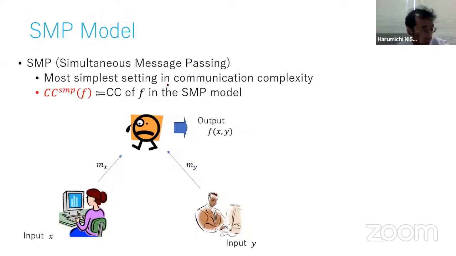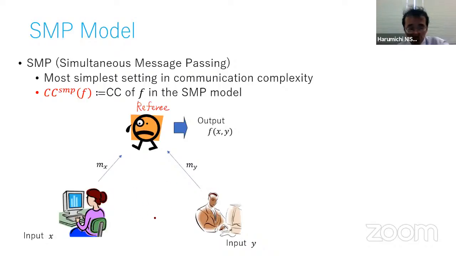The simplest setting in communication complexity is the so-called SMP model, the simultaneous message passing model. We have another third party called the referee, who wants to compute the output f(x,y). But this party has no input. Alice has x and Bob has y.